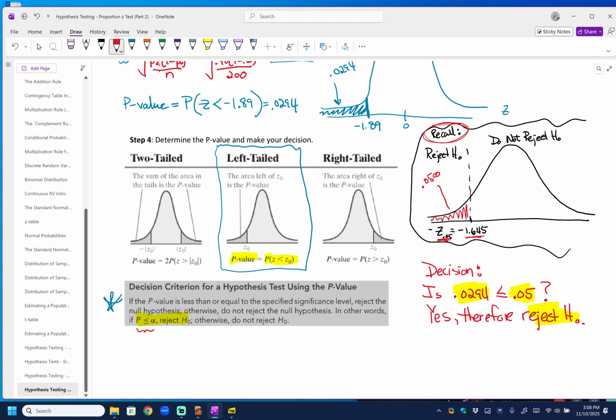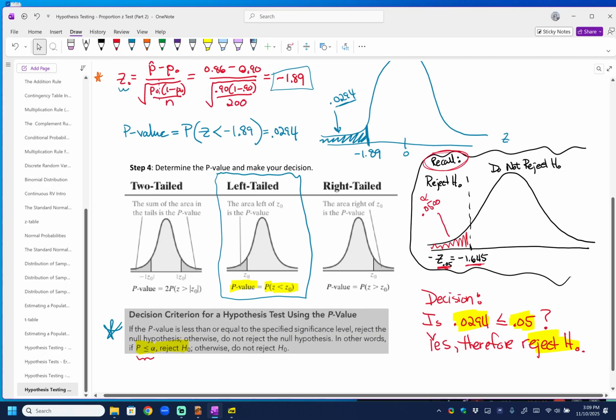So if you look at that really carefully, and remember this is alpha right here, if we end up with any other area that is lower than that, what does that actually do for us? Well, if we end up with an area of, let's say, just like our problem up here, 0.0294, that means that the value that you're going to get is actually going to go farther down here.